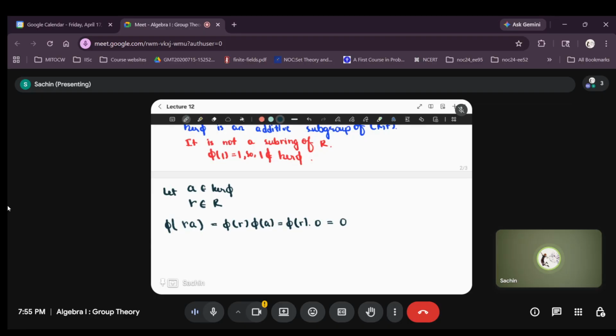So a is in the kernel, r is some element in the ring, not necessarily in the kernel. When I took their product, I got that their image is 0. What does that mean for ra? The image of ra is 0. What is the definition of the kernel? Yes, so regardless of what r is, ra is in the kernel.